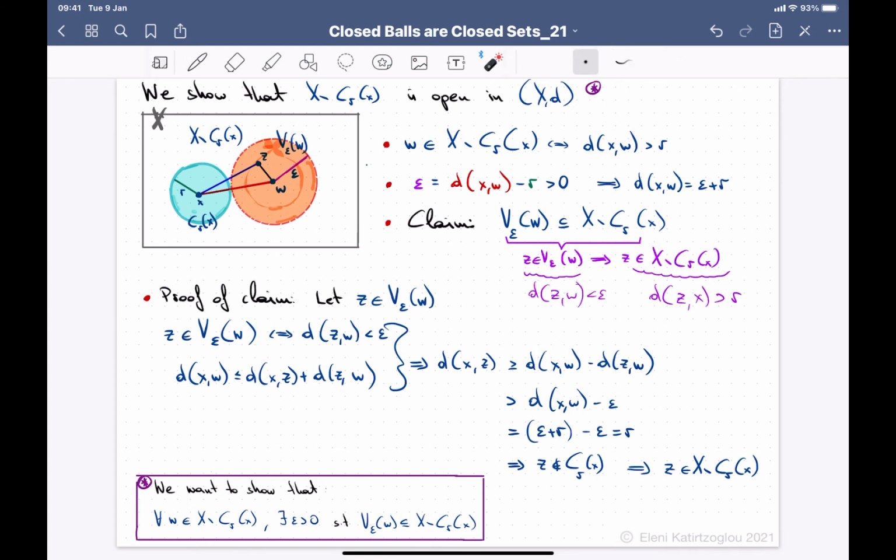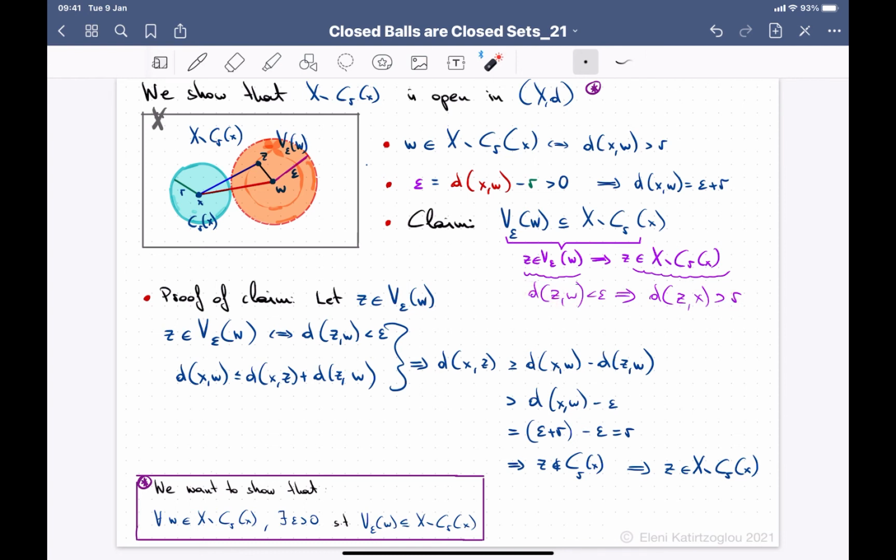So that means we take a Z that has this property, and we would like to show that this same Z has this property. In other words, we really want to show this statement. This is what we want to show.